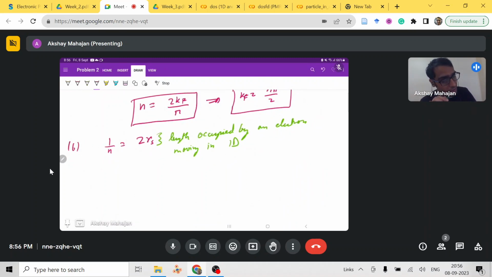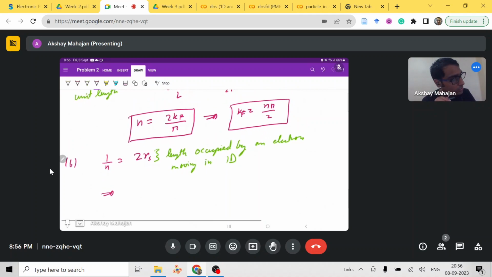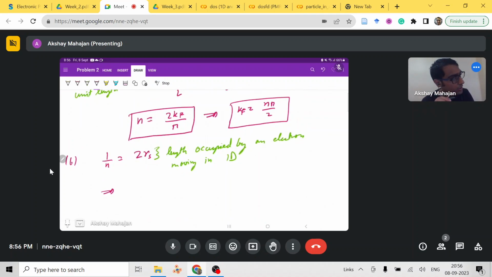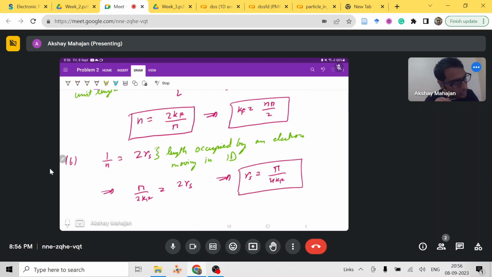And we have found n equals 2kf upon pi, so 1 by n will be pi divided by 2kf, and 2 times rs equals that. So rs will be just equal to pi by 4kf.